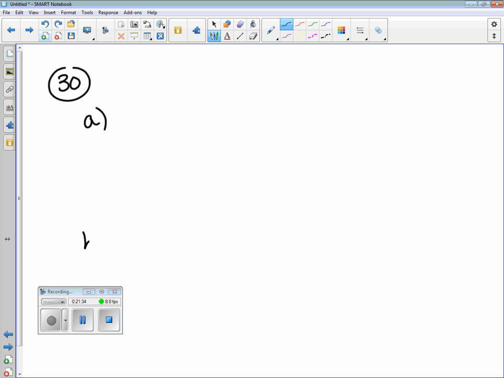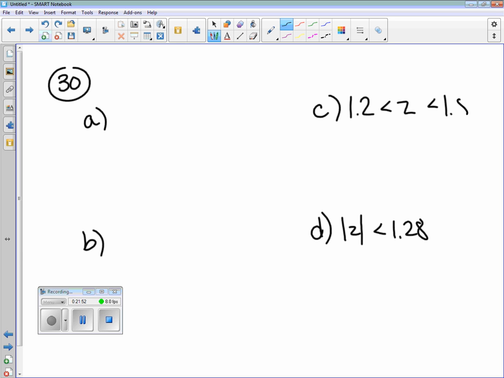D is the one I graded, and D is the weird one because it has to do with this absolute value. I probably will never do an absolute value one other than here.